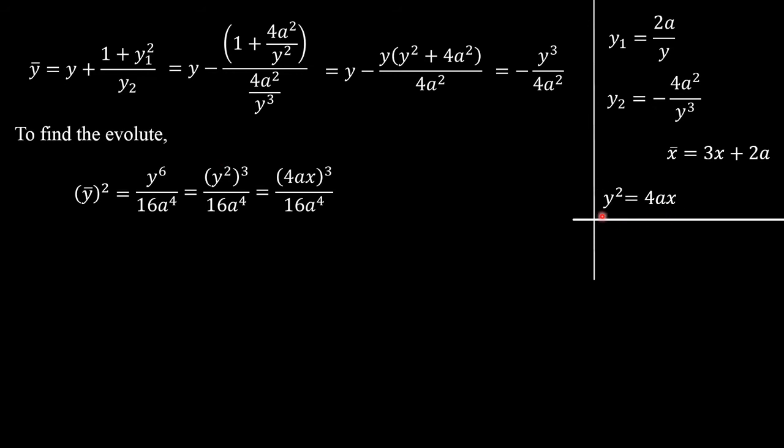I am substituting y square as 4ax, so the equation becomes 4ax to the power 3 divided by 16a to the power 4. Just simplify it, students, and cancel out the terms. So you get y bar square to be 4x cube by a.